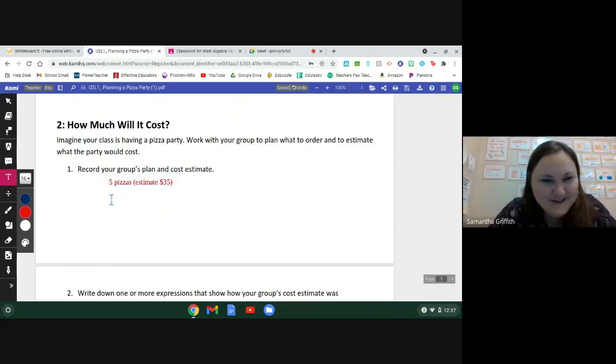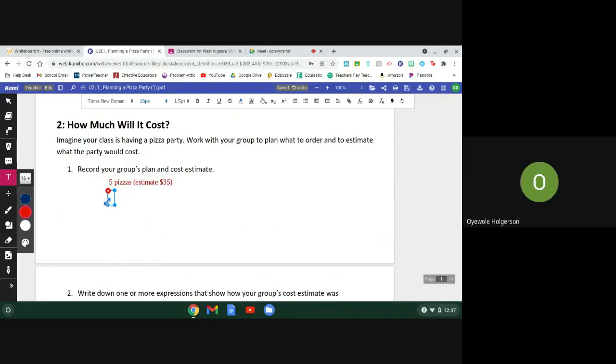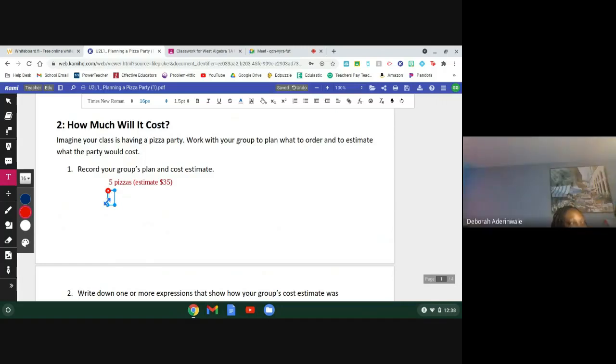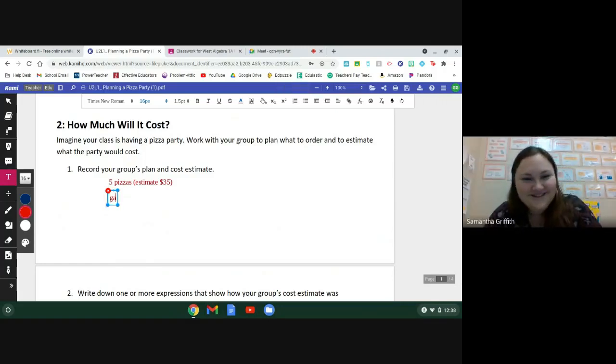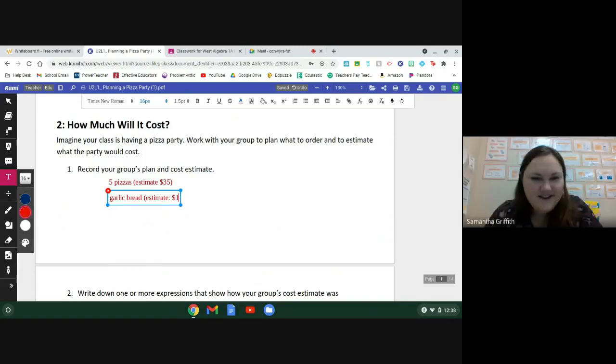So we've got 5 pizzas. Io, is there anything else you think we need to get for our pizza party? Garlic bread. Ooh, garlic bread. How much do we think that's going to cost? That should probably be like $15. $15. Okay. Anything else we need for our party?